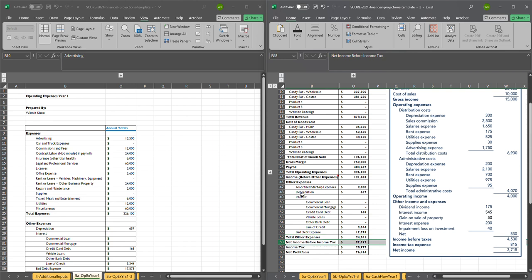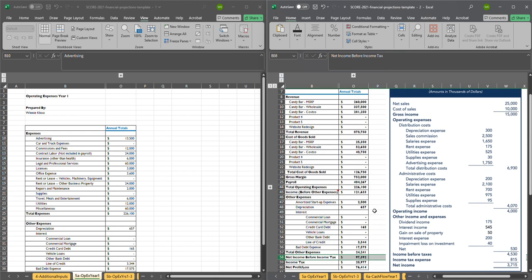Then the next line item is another subtotal, the net income before income tax, or income before taxes. So EBITDA minus other income and expenses equals net income before income tax, also known as earnings before tax. EBT is an abbreviation for this line item.